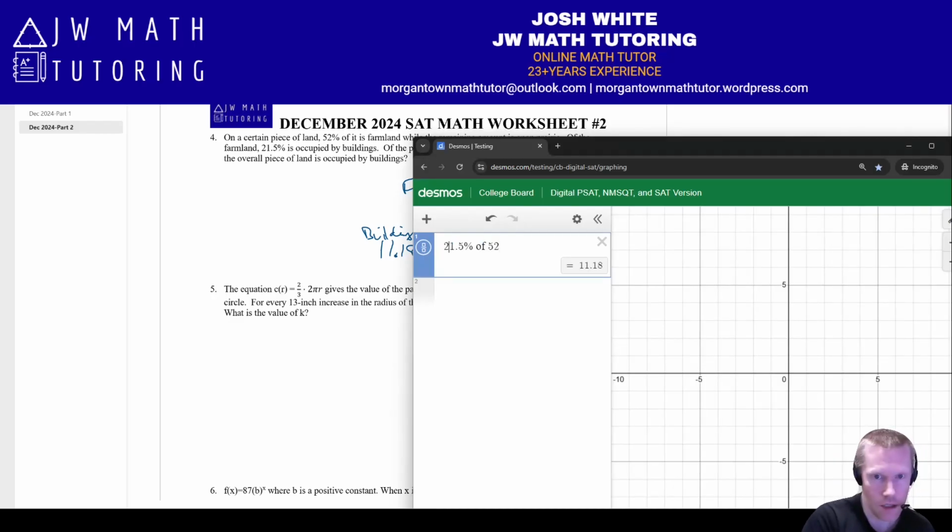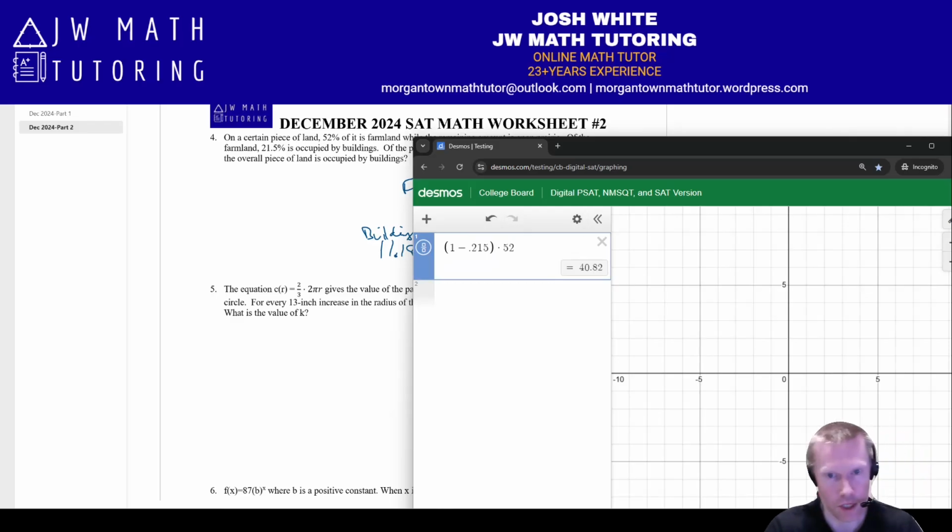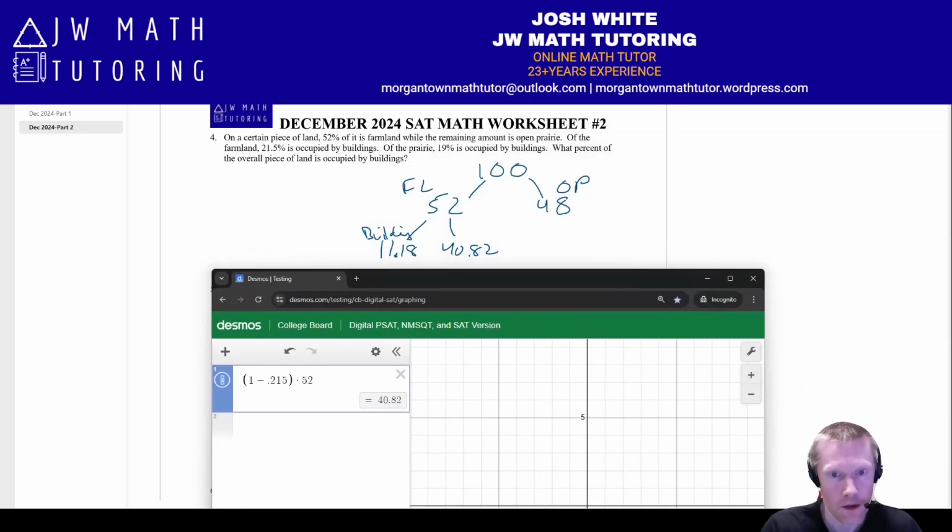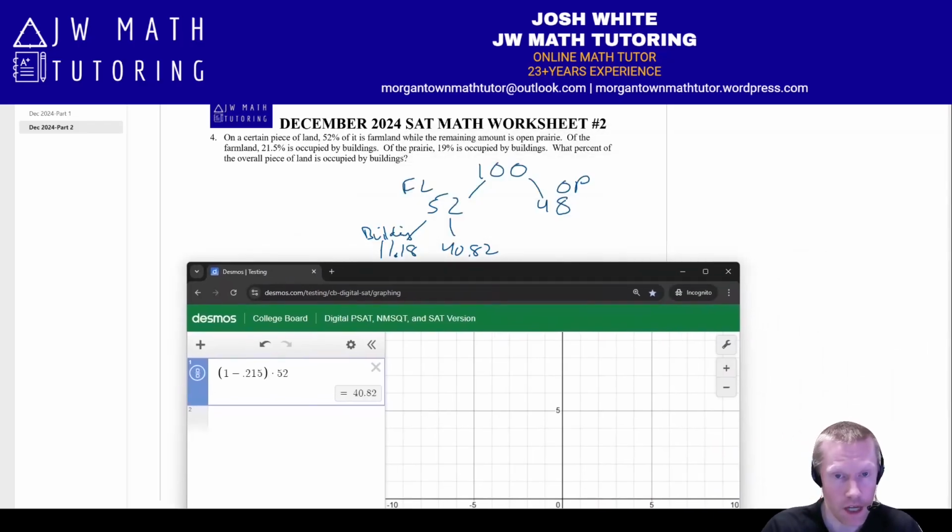It's going to be 1 minus this. Parentheses, yeah, 40.82. Just 1 minus 21.5% times the 52. Okay. Now we can do the same thing for the prairie.